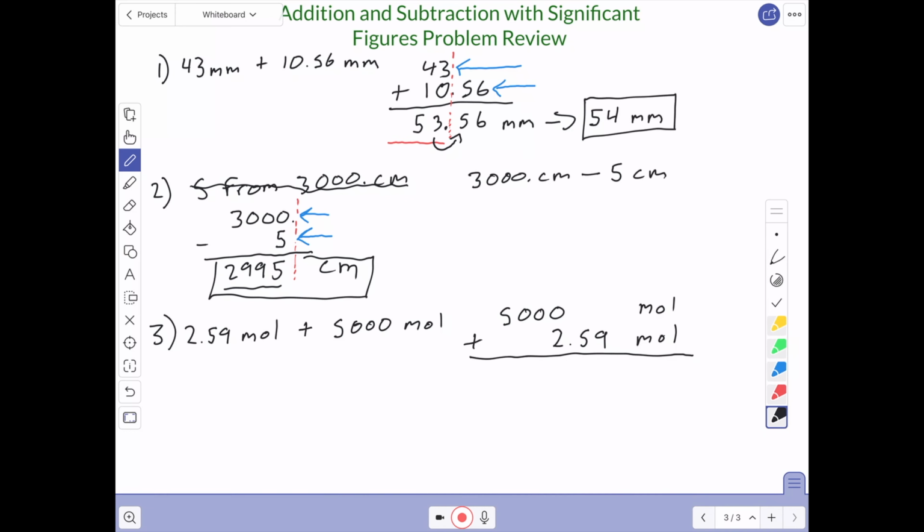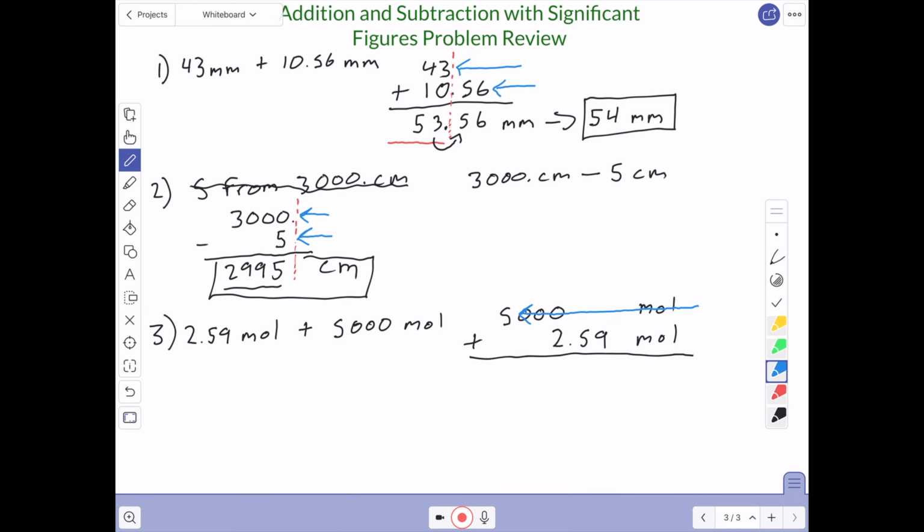Addition. Now, don't let this fool you. This is where people get tripped up a lot. When we do our arrow, remember, we're drawing our arrow until we hit the first significant digit. These zeros are not significant. The 5 is the first significant digit that we hit.